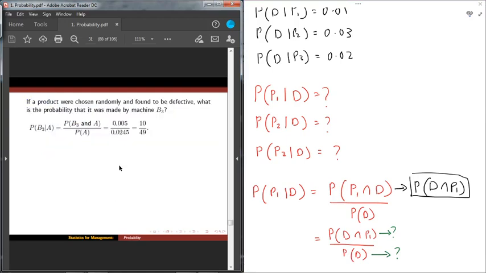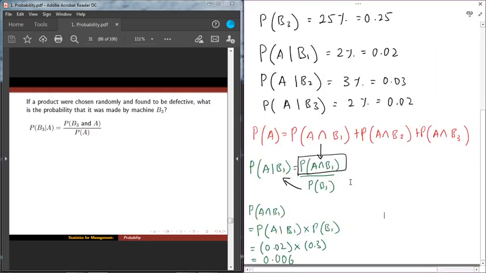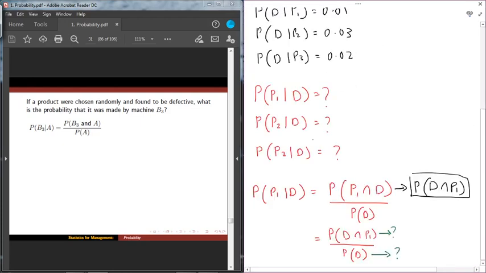Still remember how we found our PA here? Where is PA? You see the PA here? What I told you, if you want to find PA, plus all the probability associated with A. So if you want to find PD, what you need to do?